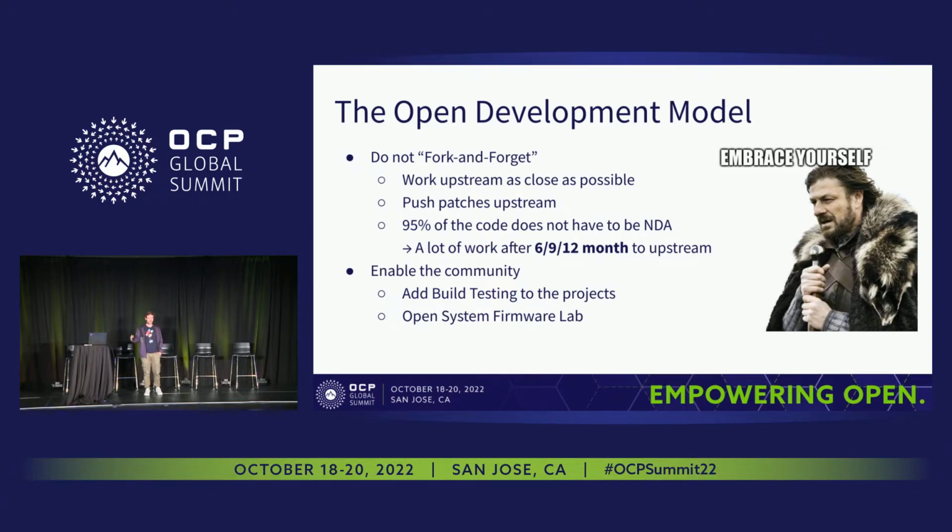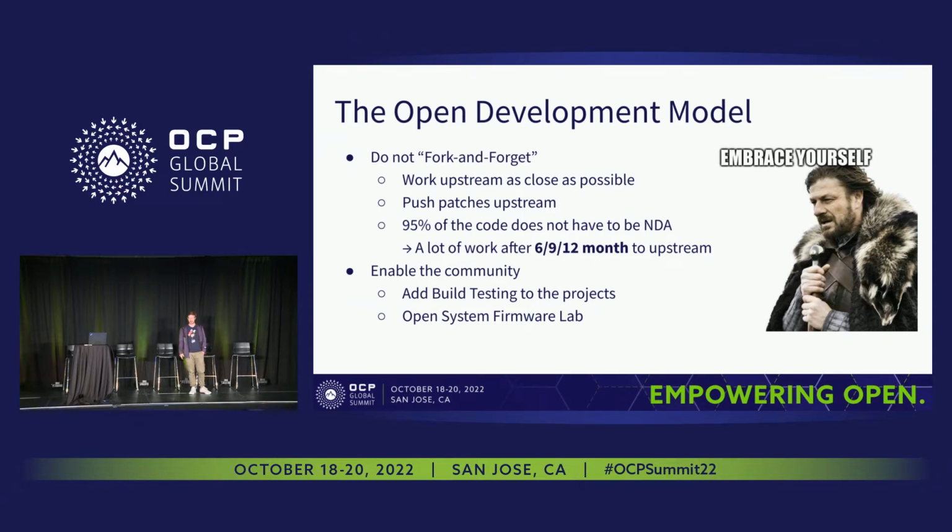Only what cannot really be published in the first place should stay private. Looking at the current Sapphire Rapids code that we developed in a closed source, private repository, 95% of the code does not have to be private, actually, because there is no NDA information in there. So work upstream as close as you can. Try to push your patches upstream as fast and as early as possible, and only keep a minimal amount of that code private.